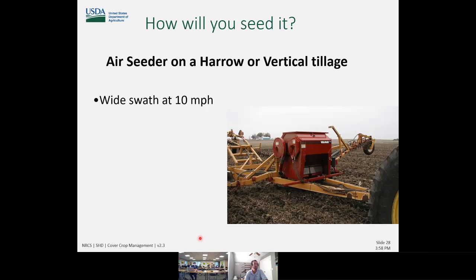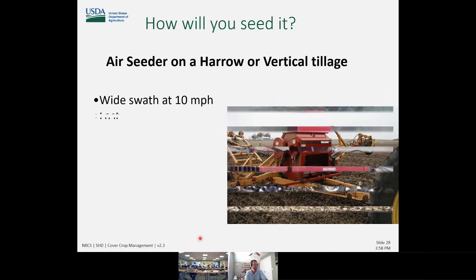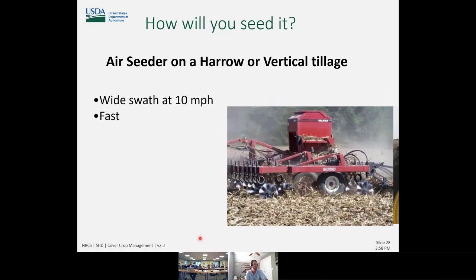You may have a producer that attaches an air seeder on a harrow or some type of vertical tillage rig. This is popular with some producers that may already have this type of equipment and can add a specific piece like the air box or the air delivery system. It's very fast. They can usually travel as fast as someone can sit in a tractor seat. We get the comments that it is cheap.